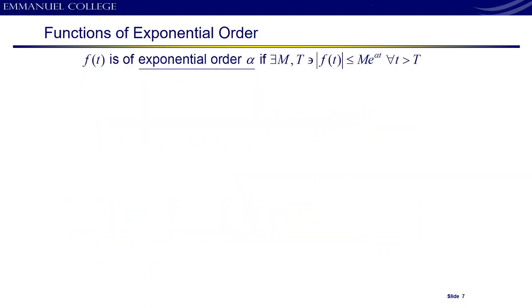Now, let's say you have f of t is what they refer to as exponential order. This is kind of like a bounding theorem, where you say a function is of exponential order alpha if there exists an m and a t such that the absolute value of the function is always bounded by m times e to the alpha t for any t past a certain point.